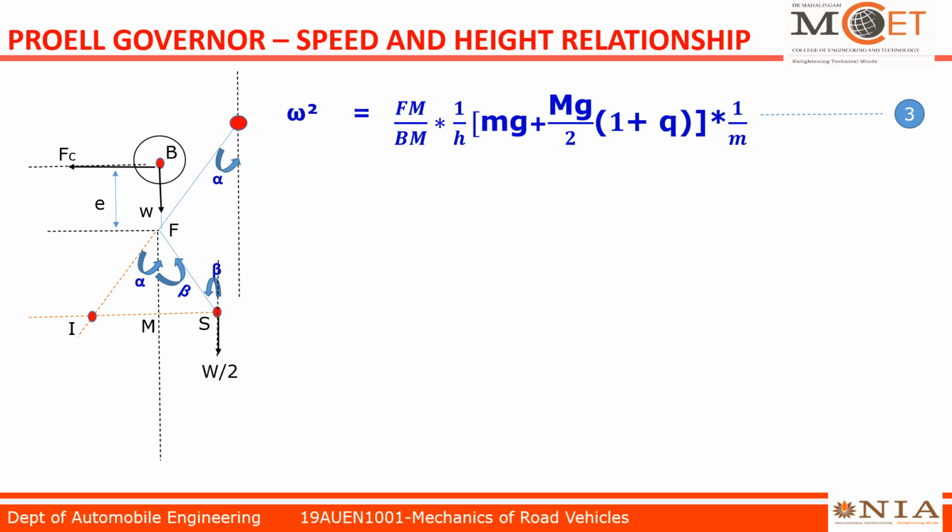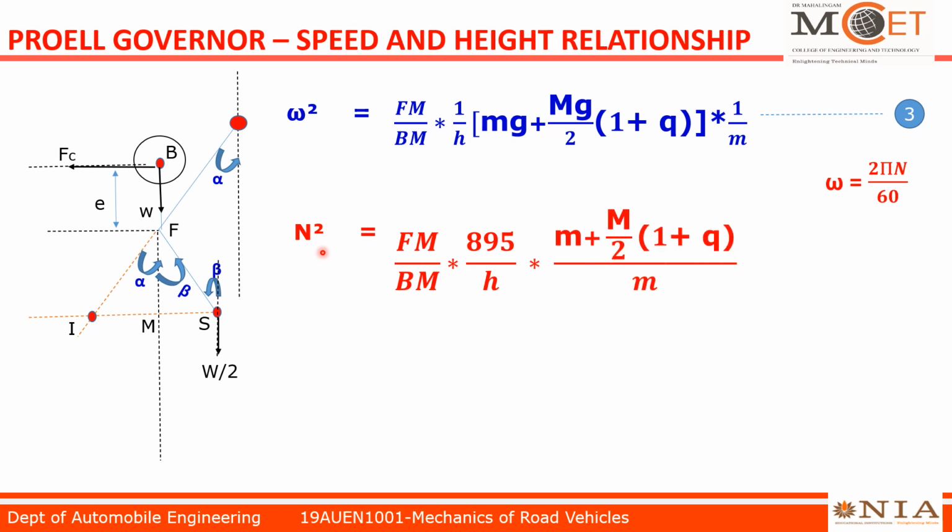Now we know that omega equal to 2 pi N by 60. If we apply this value in our equation number 3, we get N squared equal to Fm by Bm, 895 divided by h into small m plus caps M by 2 into 1 plus q, divided by m.